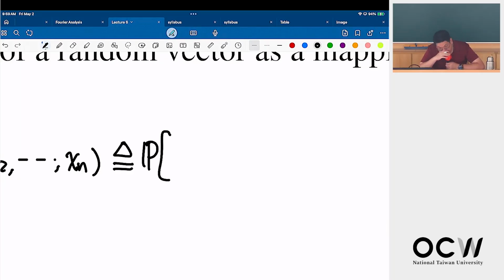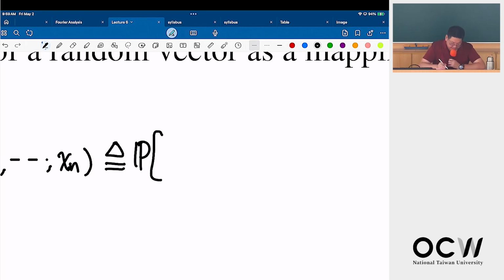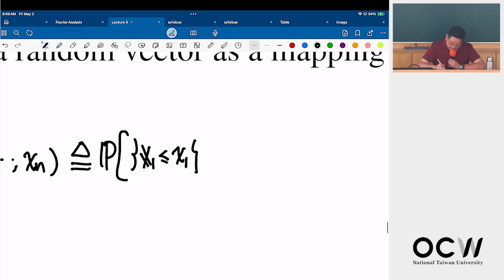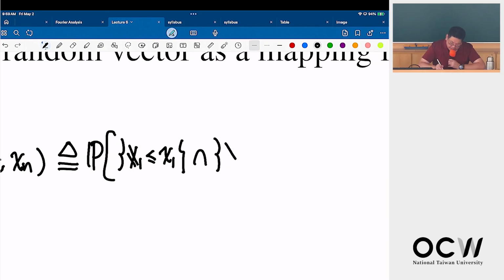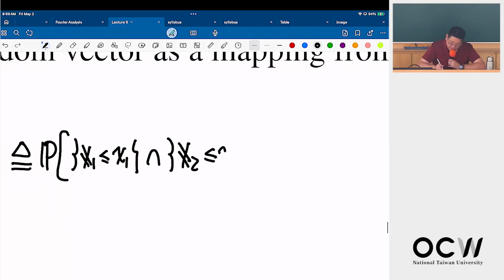Remember how I define the joint CDF: the probability that your first random variable is less than or equal to some value, and intersect the second random variable less than or equal to some value.